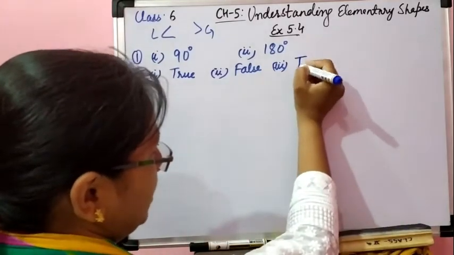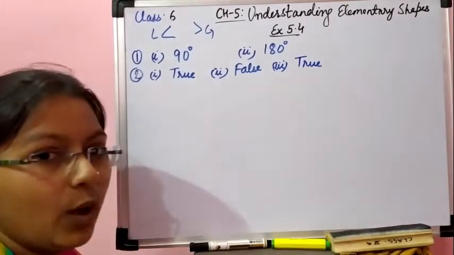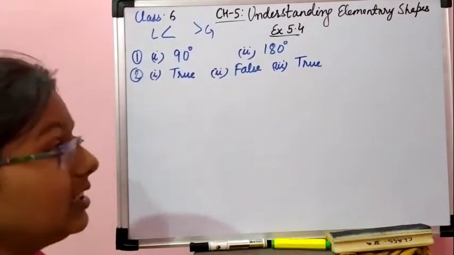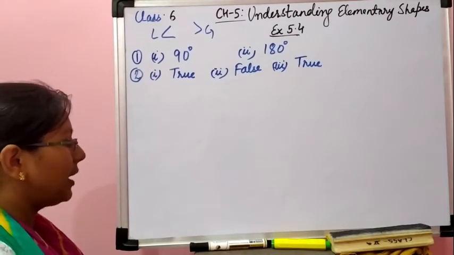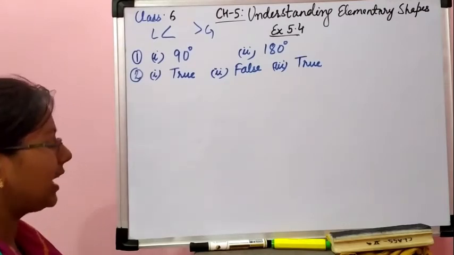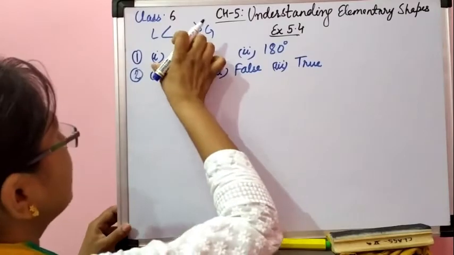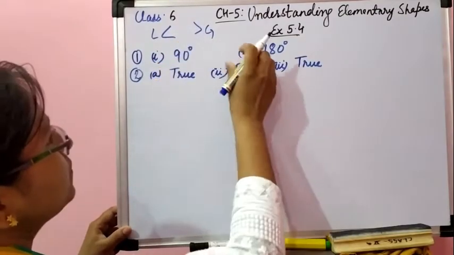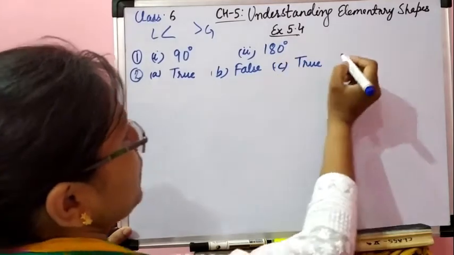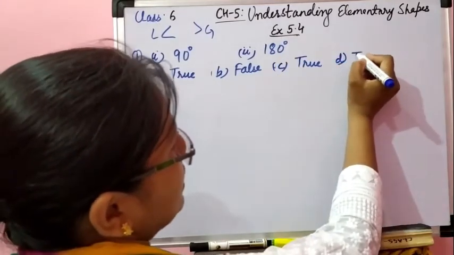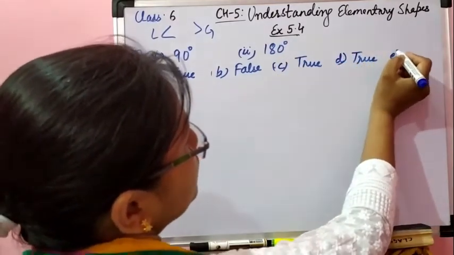Yes, it's completely true. Greater than 180 degree and less than 360 degree. Then the fourth part, D part. The measure of a complete angle is equal to 360 degree. This is part A, this is B, this is C, and D part, complete angle 360 degree, true.